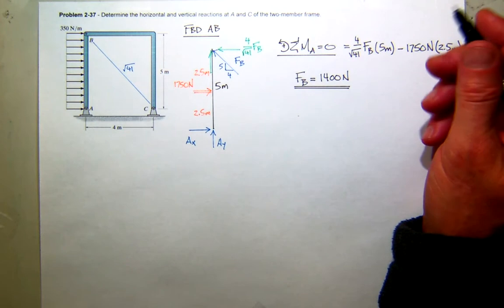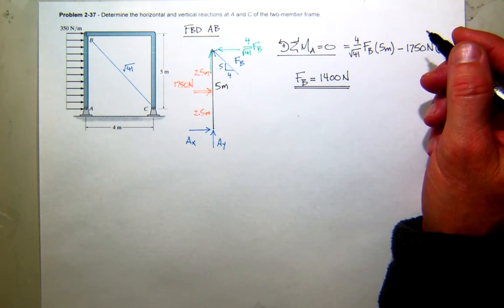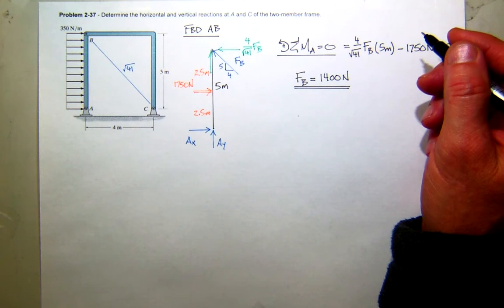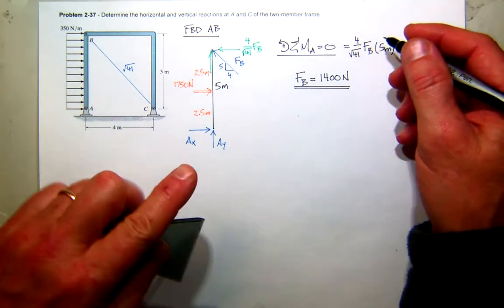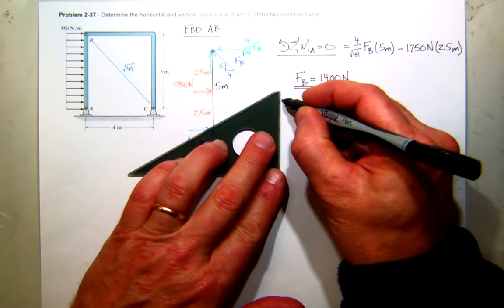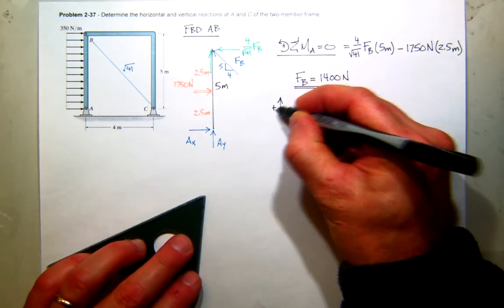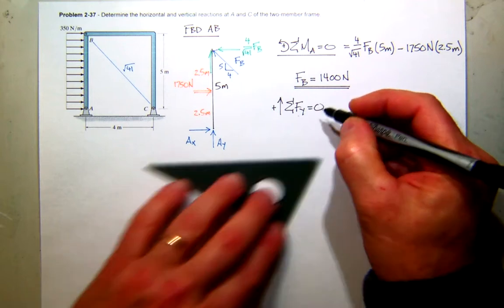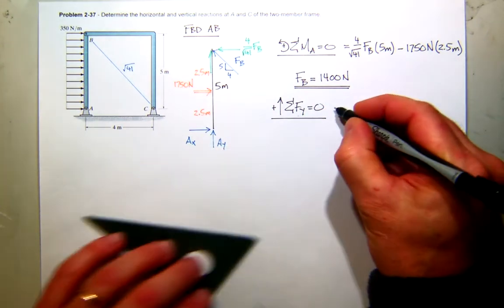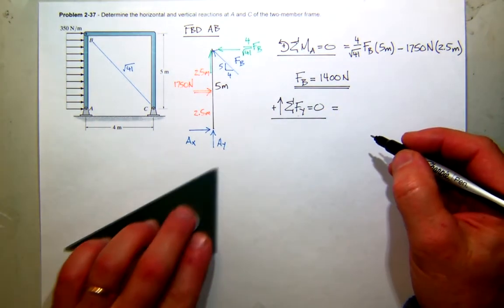Some forces in X, some forces in the Y. I don't see a real big advantage. Maybe summing forces in the Y would be a little easier, so we'll do that one first. I'll assume it's up. We'll sum forces in the Y, make sure it's equal to 0. So there's our statement. So what is in the y direction? I've got AY.